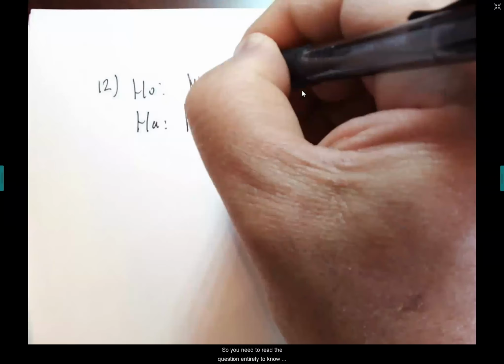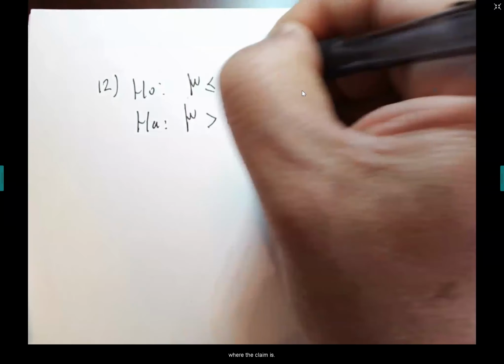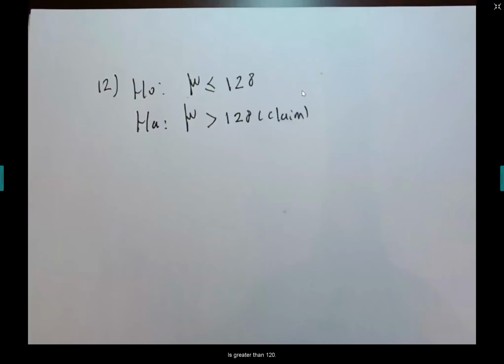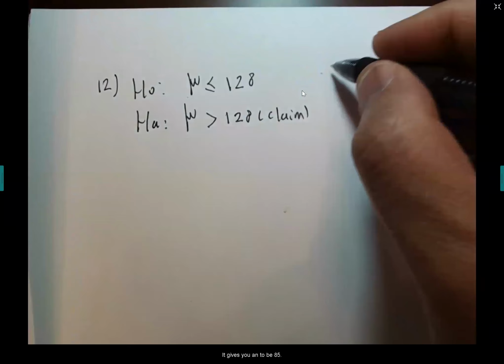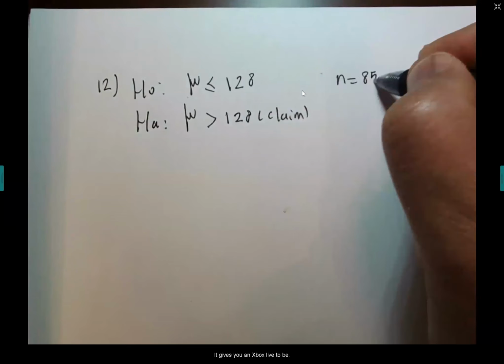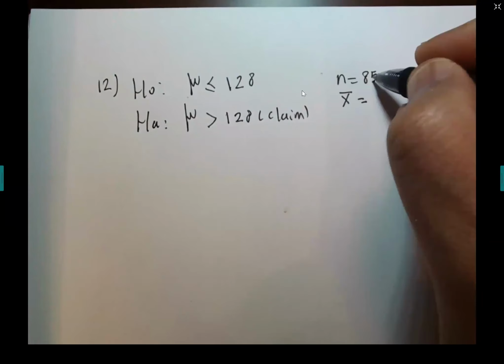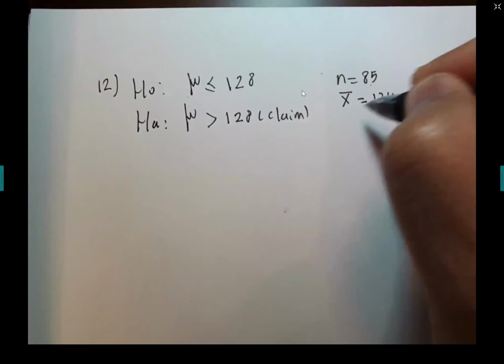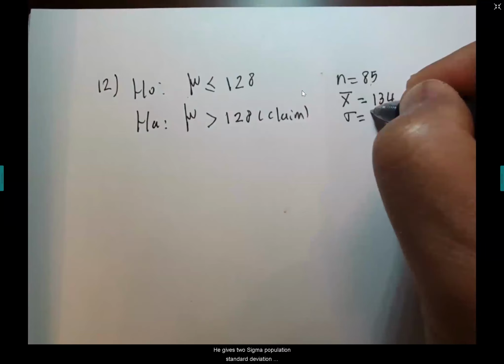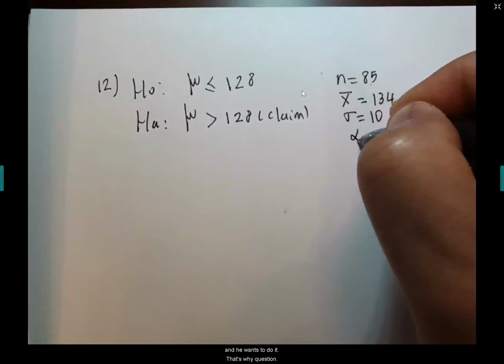You need to read the question entirely to know where the claim is. It is greater than 128. He gives you n to be 85. He gives you x bar to be 134. Looks higher already. He gives you sigma, the population standard deviation, and he wants you to do it at alpha equals 10%.